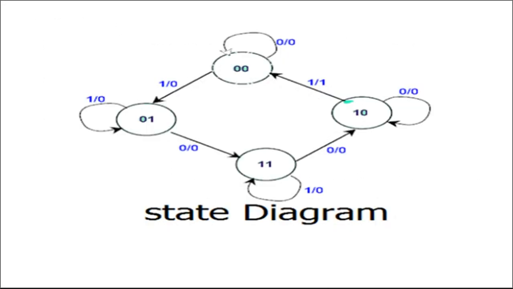Okay, see now the state diagram. If you observe, these are the circles, these are the present states, these are the directions. We'll elaborate on how it works.